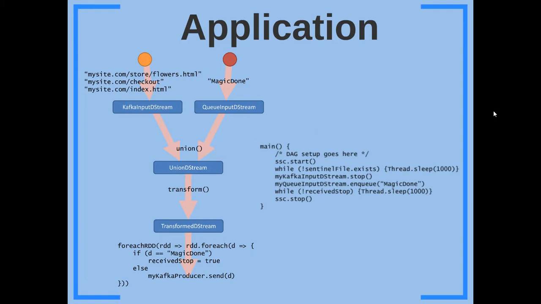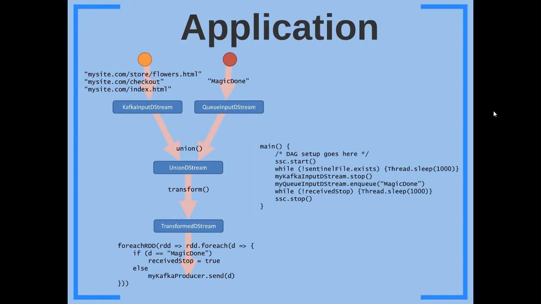So one way to compensate for that is if we could send down a magic value through our pipes here. And then we stop our DAG only after we see our magic done ball, our green ball. I guess that's green. I don't know.